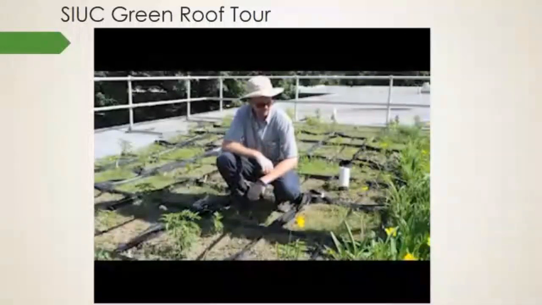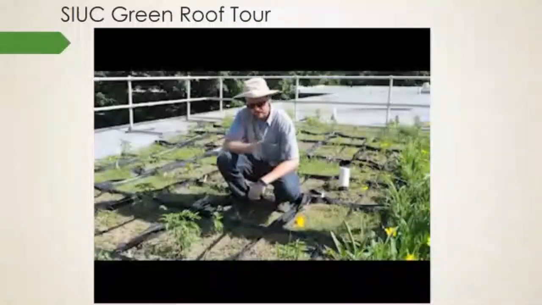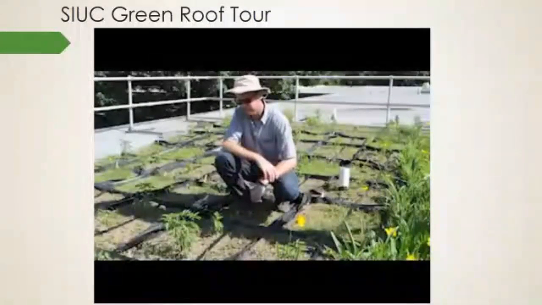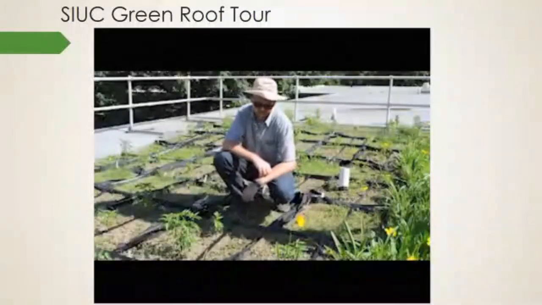And we've repeated the treatments 3 times, so we have 18 plots up here. So what I've done today is I've taken some data. In addition to looking at the organic matter, we're also looking at how these cayenne peppers perform with varying levels of organic matter in the medium.